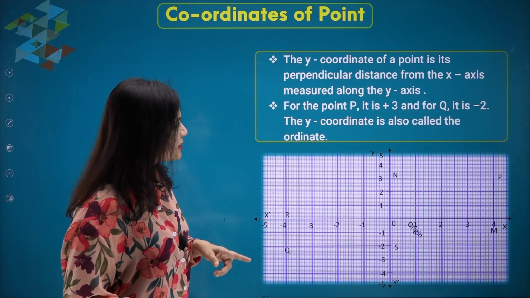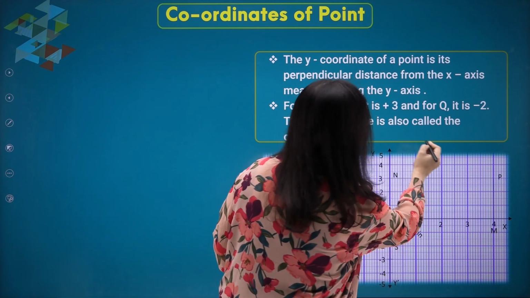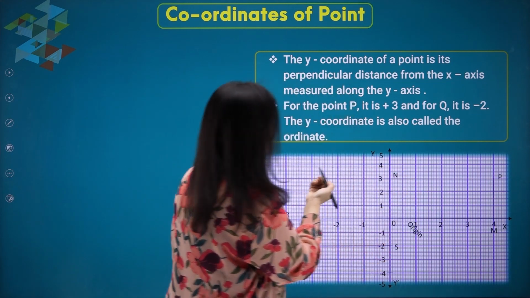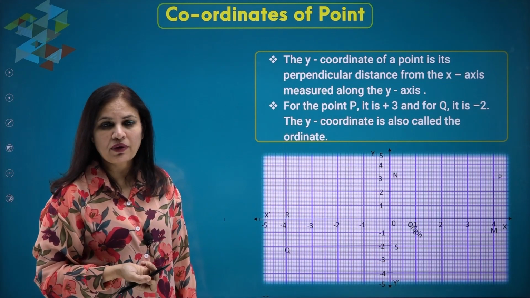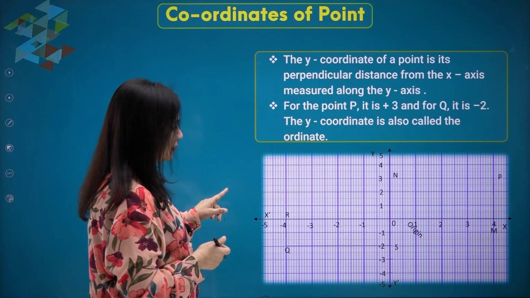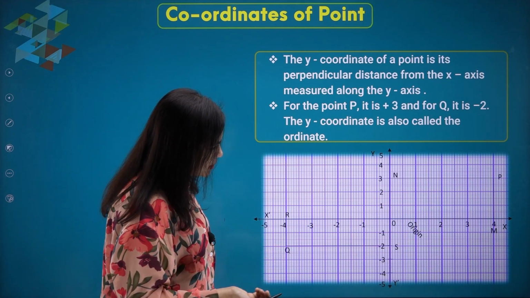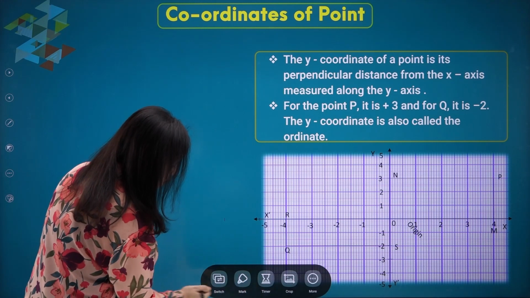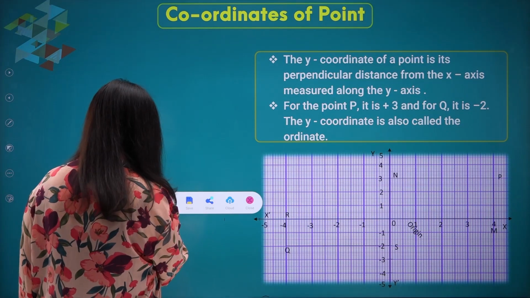And I have already discussed that the x value is known as abscissa and the y value is known as ordinate. So let us start with an example of locating a point.